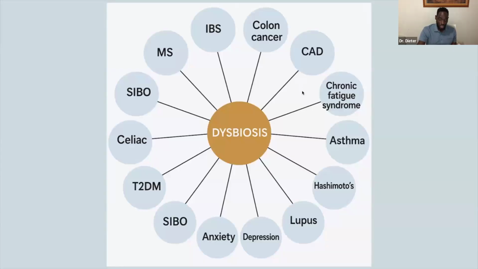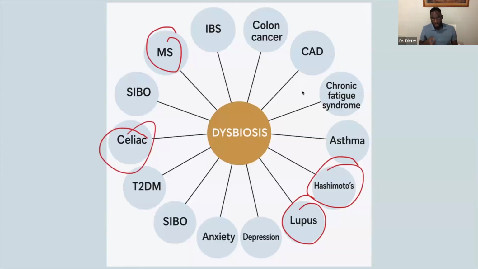And you see a lot of autoimmune diseases on here. Hashimoto's is an autoimmune disease, lupus is an autoimmune disease, MS is an autoimmune disease. Even celiac is an autoimmune disease, a trigger happy immune system. You may be surprised to find things on here like anxiety and depression.